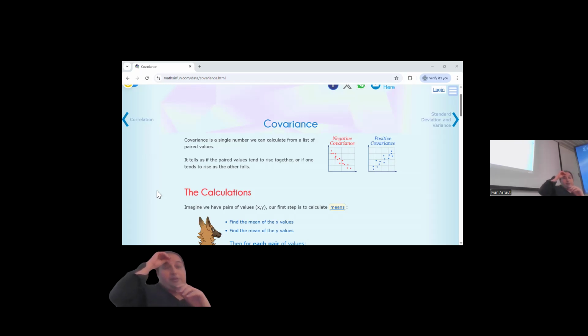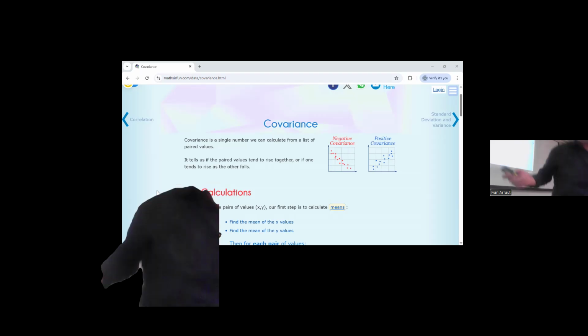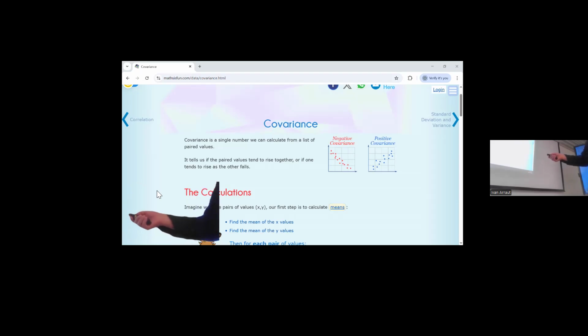But for two variables to be functionally related, there must be a positive or negative covariance between them. If the covariance is zero, there is no correlation between them. This is an example of negative covariance. When one variable increases, the other decreases.